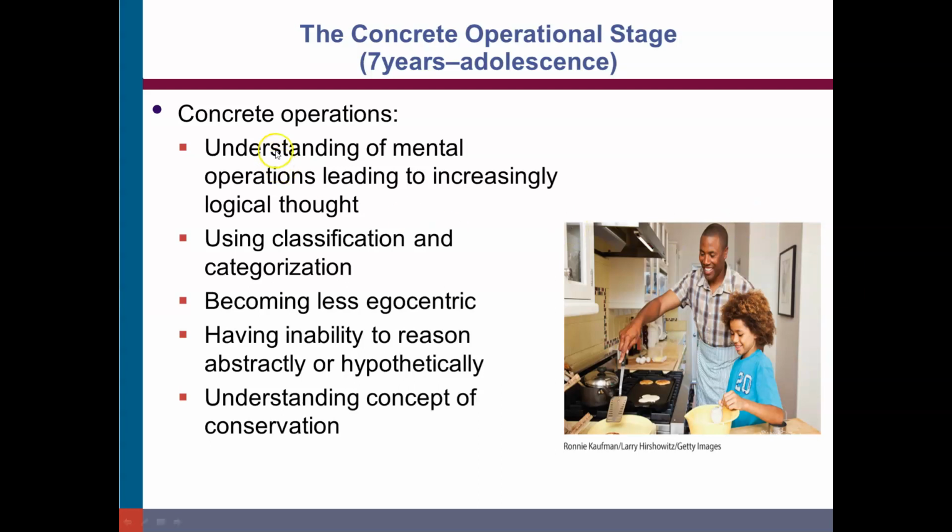Okay, so concrete operational thought. That is the concrete operational stage according to Piaget, from 7 years old into adolescence. That's when, as a result of maturation of the prefrontal cortex, younger individuals are starting to think a little more logically. They become a little less egocentric.